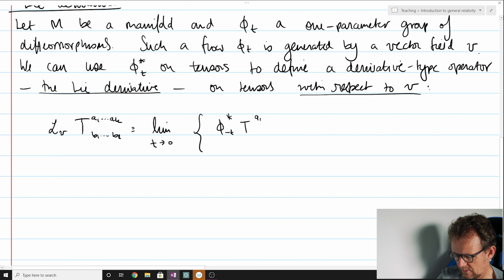So in particular, we define the Lie derivative of a tensor field T with indices A1 through to AK, B1 through to BL as the difference of two tensors.